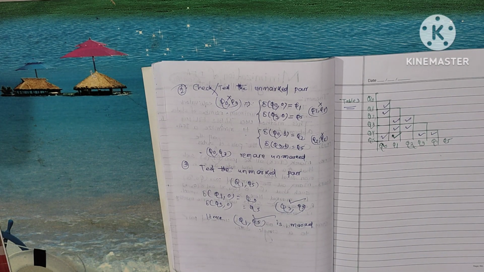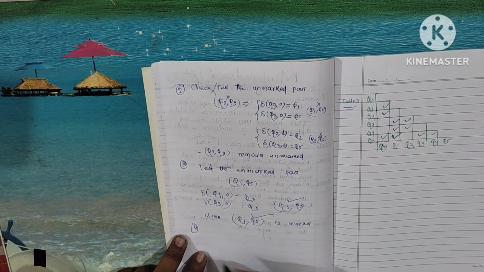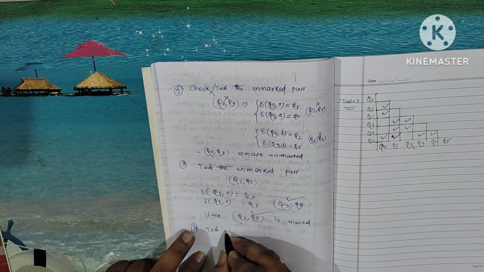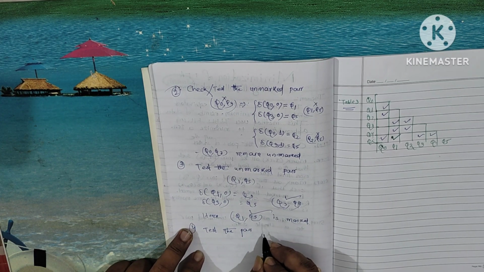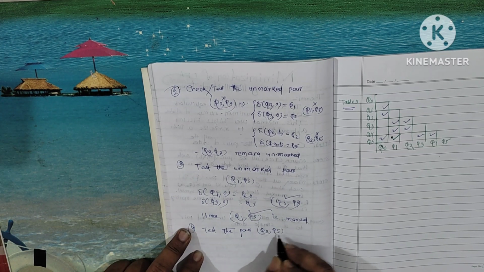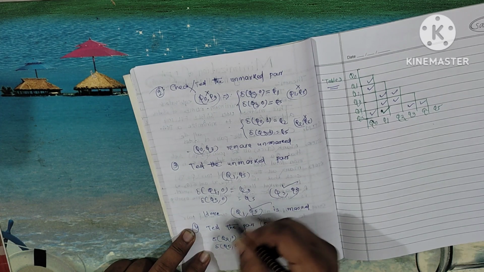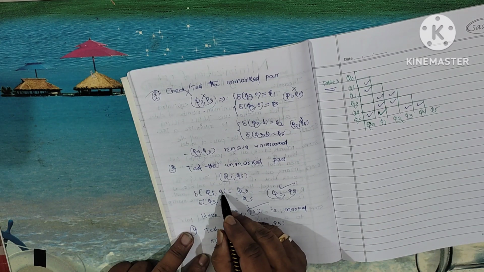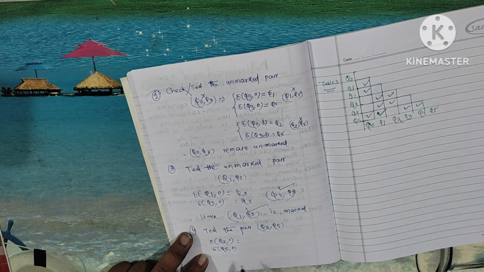Now let us test the pair Q2, Q5. So Q2 on input 0, Q5 on input 0. Here there is no need to test for the other transition, because once it is marked here, automatically we can mark this state, right?